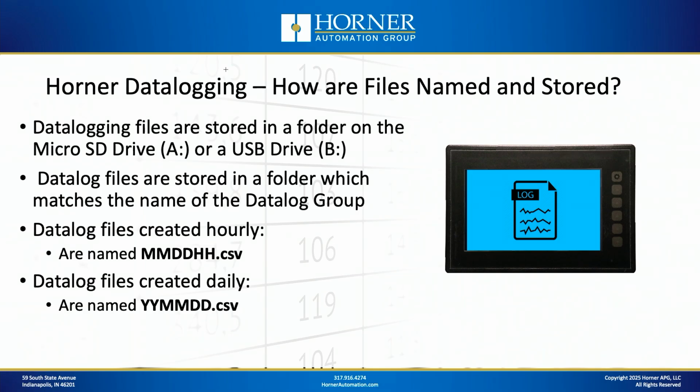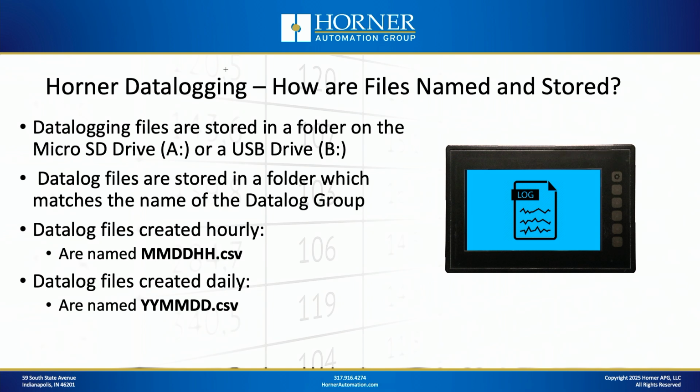Now, when it comes to the files, how are they named and how are they stored? Okay, so first of all, you have your choice between storing your data logging files either on your micro SD drive, which is the default, or on your USB drive, which is specified with drive letter B. Now, on that particular drive, whichever one you choose, the files will be stored in a folder that matches the name of a data log group that you assign as part of the configuration.